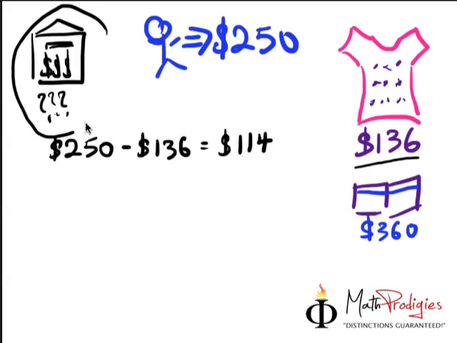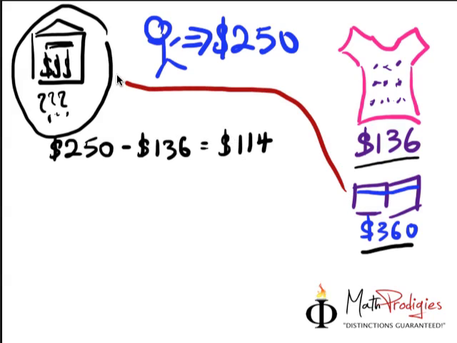This is how much she's supposed to have left without the savings money. We know she's supposed to have $114, but right now she has how much in her wallet? She has $360. So what does that mean? That means the excess money, the rest of the money, is actually from her savings box. Good job. High five. You're a math prodigy.